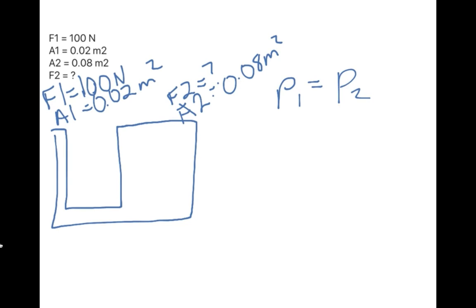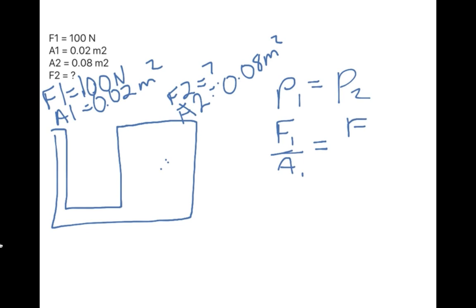So pressure, what was my formula for pressure again? Pressure is force divided by area. So the pressure on the input side, the 1, is the force 1 divided by area 1. And that's going to be equal to pressure 2, or the output pressure on this side of the system.